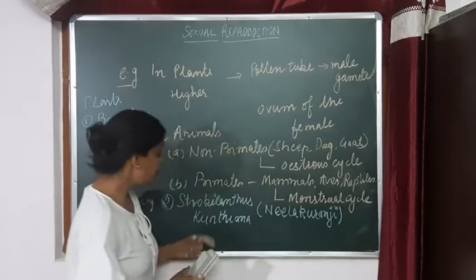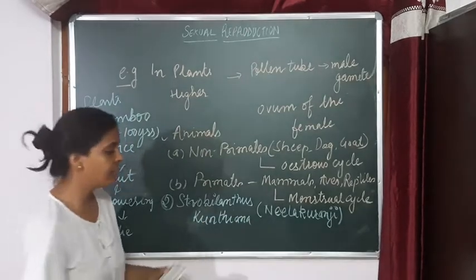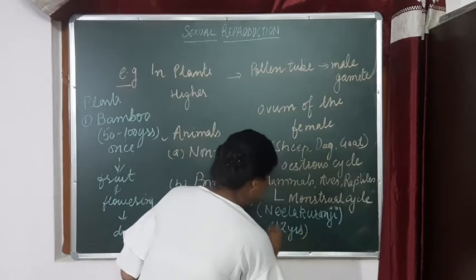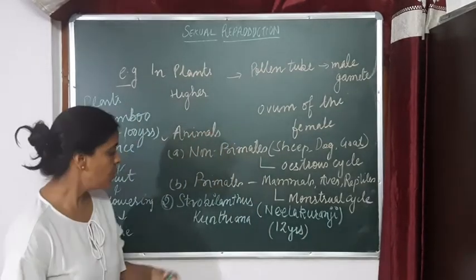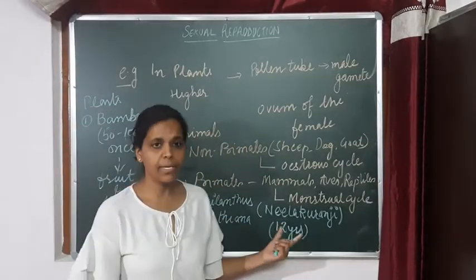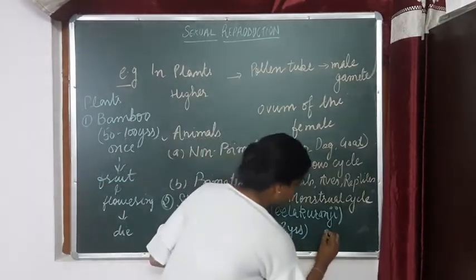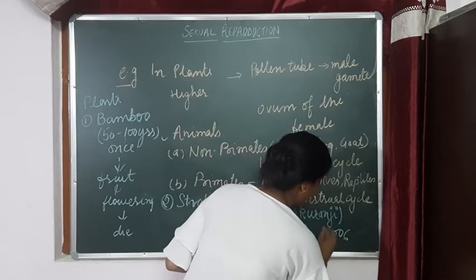Right? So Strobilanthes kunthiana flowers once in 12 years. Whenever this flower blooms, it was last seen in 2006.